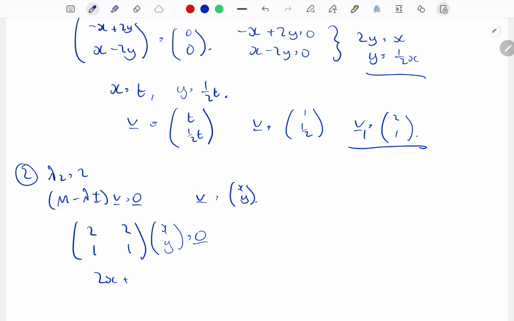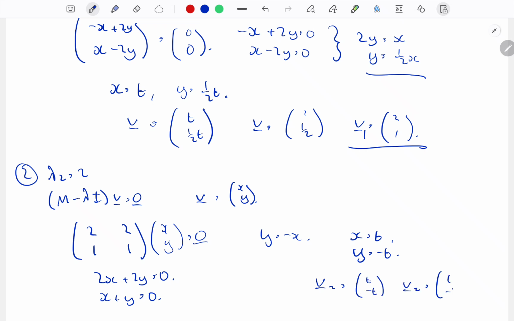So 2x add 2y is equal to 0, x add y equals 0, y equals minus x. So let's set x equals t. If x is equal to t, y equals minus t. So v2 is parallel to (t, minus t). So v2 is equal to (1, minus 1).